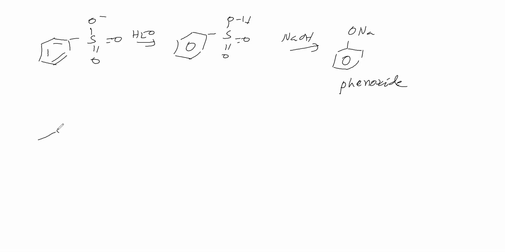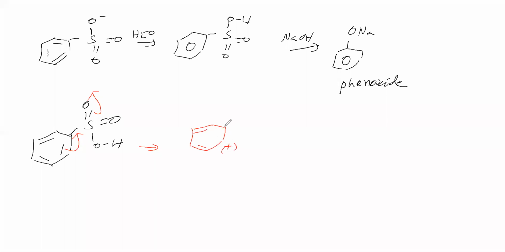Now we take benzene sulfonic acid like this. This oxygen is highly electronegative, therefore the bond is going like this, and this bond is shifting like this. So what happens? Here are pi bonds, here a positive charge, a double bond, O minus, a double bond O, and OH.